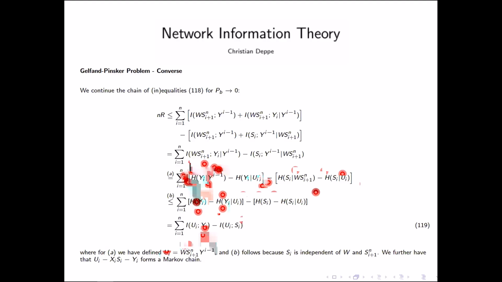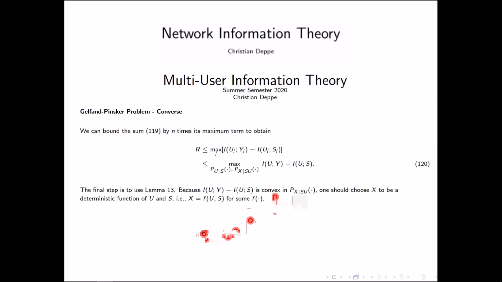Now we know that S_i is independent of W and S_{i+1}^n. That means we can write here only the entropy of Y, and here we can write the entropy of S_i. If you look at these two terms, this is just the mutual information of U_i and Y_i, and this is just the mutual information of U_i and S_i.